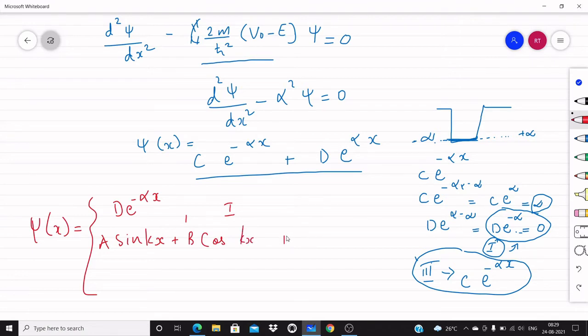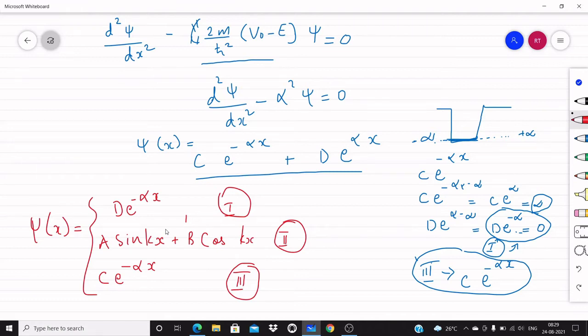That is already a bound state case, so that is region 2. And we have c e raised to minus alpha x in region 3.